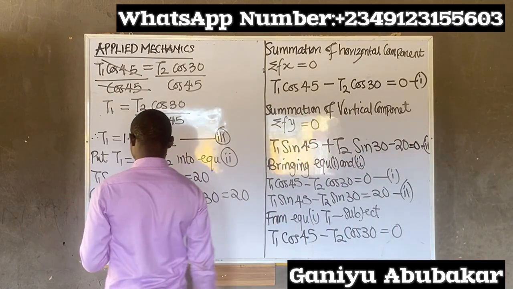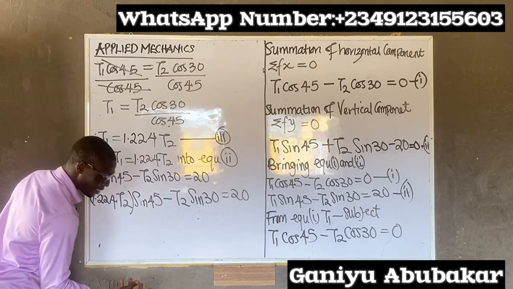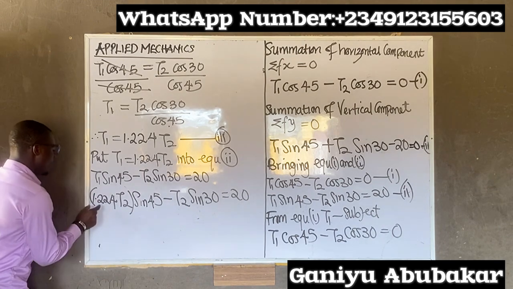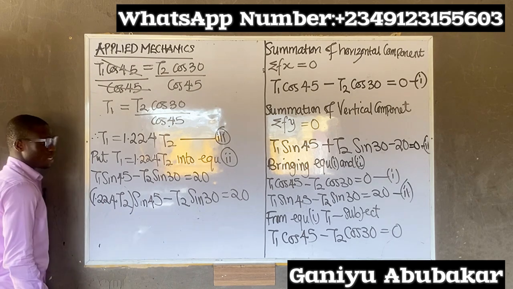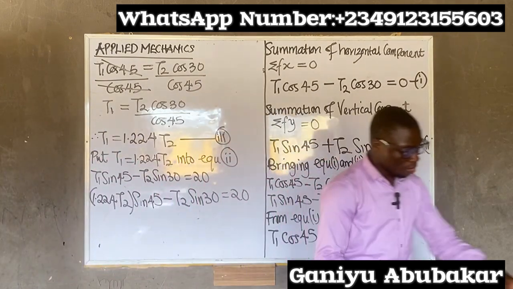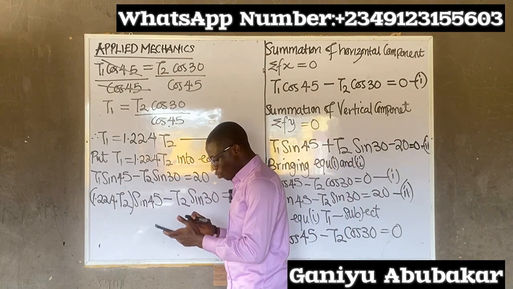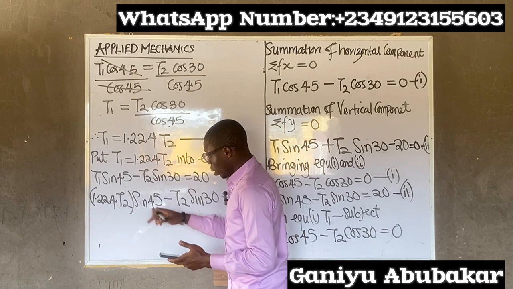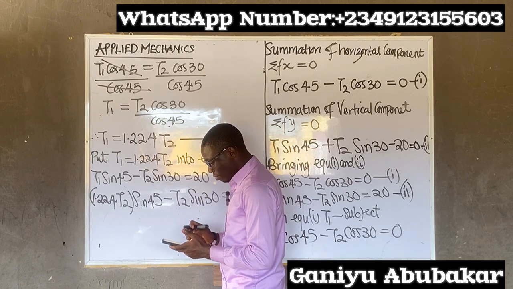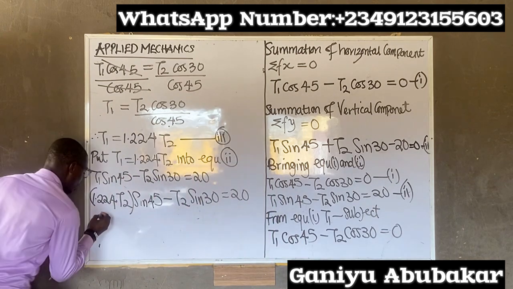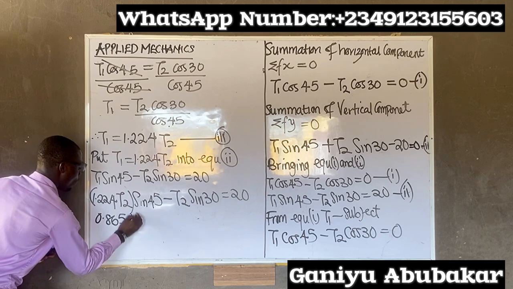From here, it's easy. I can take it step by step, such that I'll multiply 1.224 times sine 45. Let's see what we'll get. On the calculator, 1.224 times sine 45 gives about 0.8654.